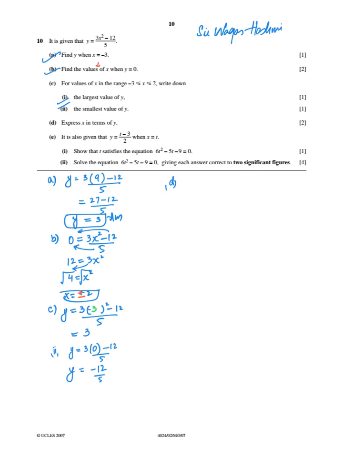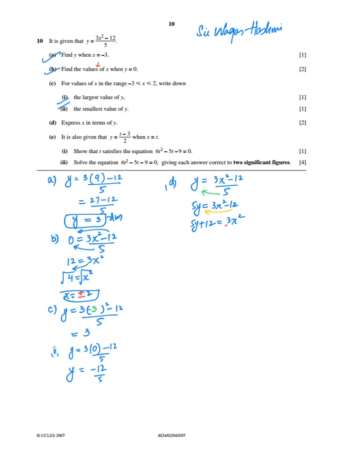Part D, express x in terms of y, so y equals (3x square minus 12) divided by 5. You need to make x the subject. For the first part, you need to shift 5 here, so that will be 5y equals 3x square minus 12. In the next part, you need to shift 12 here, so that will be 5y plus 12 equals 3x square.